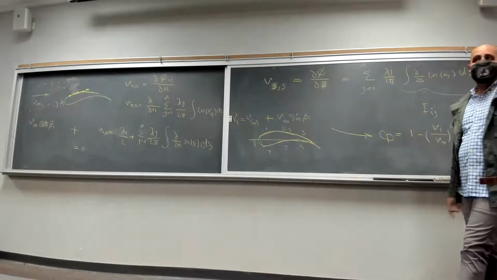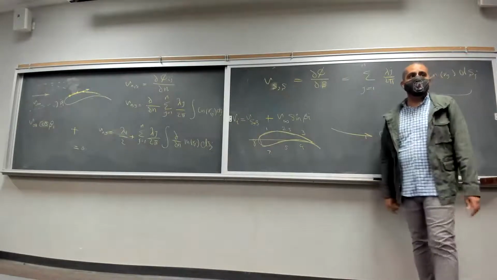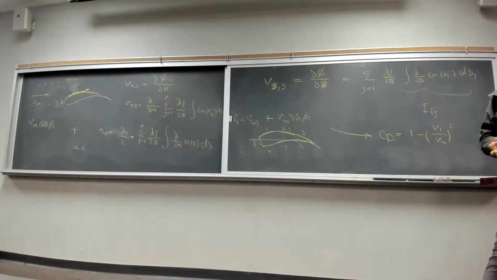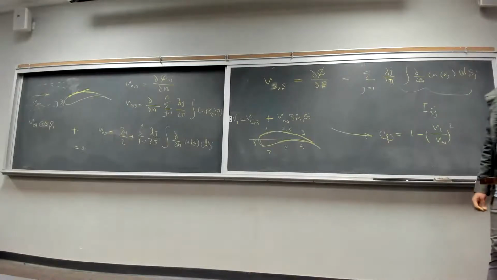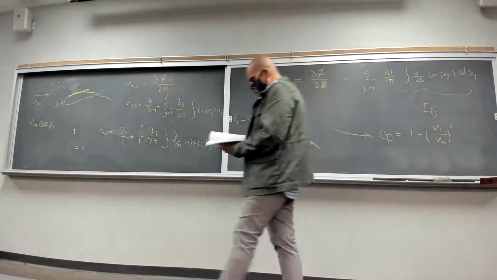If we want to analyze lifting flows, we have to use a different elementary flow, which is the vortex flow. And this will be the whole topic of chapter 4, right? First, we will do analytical solution to vortex flow, vortex sheets, and all of those things. Very fun. And then we'll move on to numerical analysis.